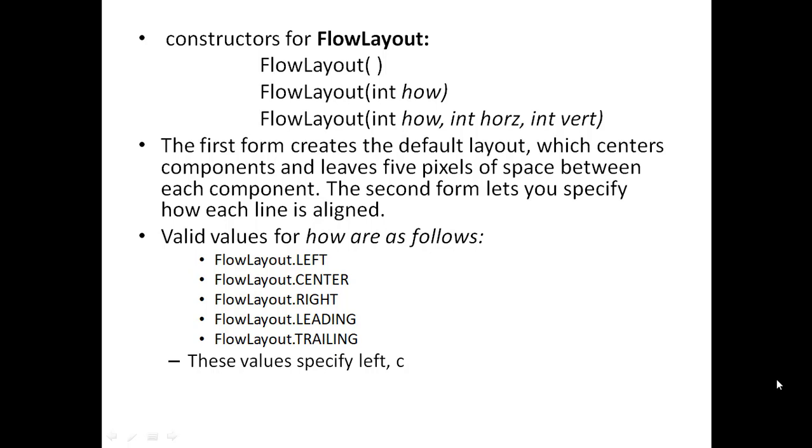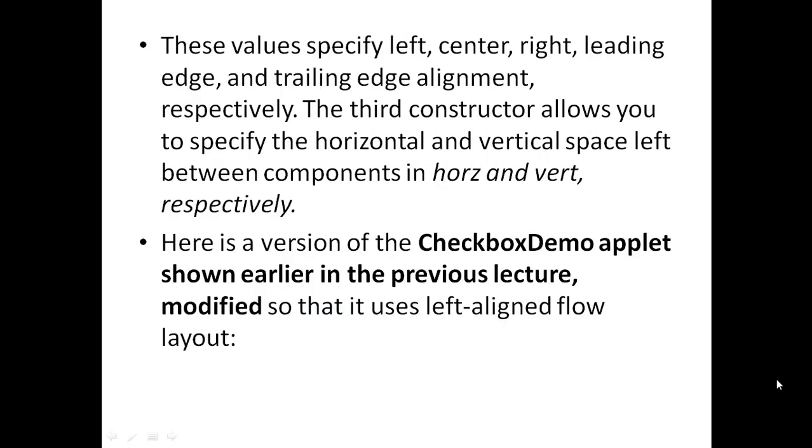FlowLayout.RIGHT means all the components are positioned at the right side of the window, like leading and trailing. These values specify left, center, right, leading edge and trailing edge alignment respectively. The third constructor allows us to specify the horizontal and vertical space left between components in horz and vert respectively.